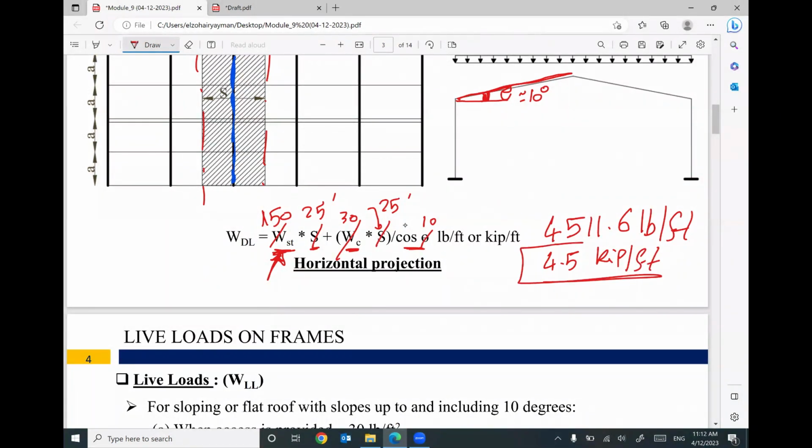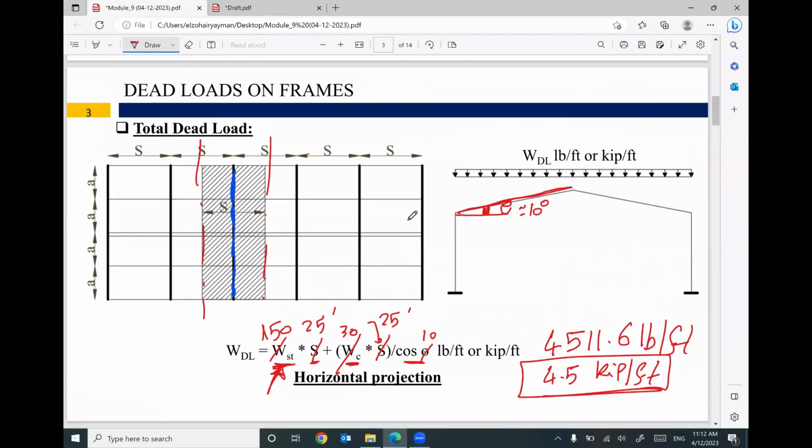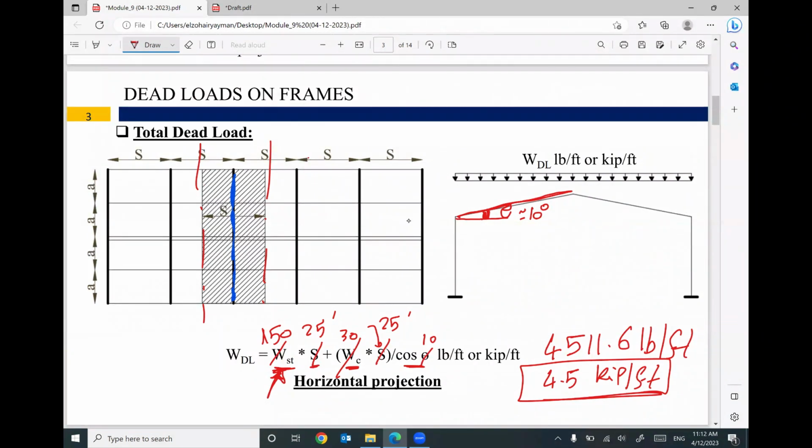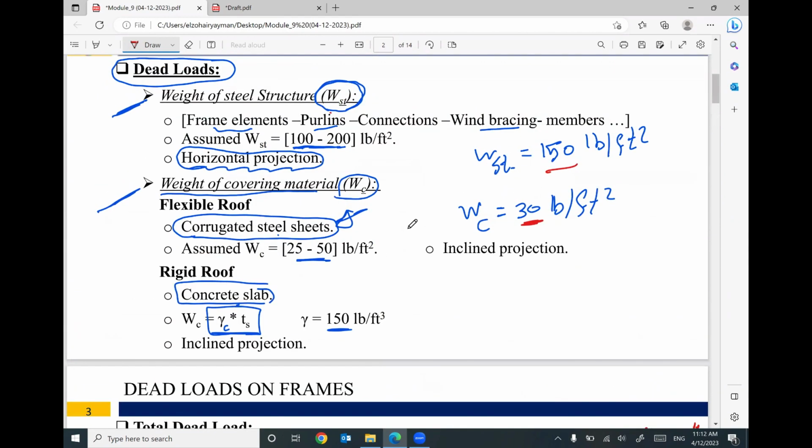This load is a uniformly distributed load, but on horizontal projection. I will show you on Monday how we can define horizontal projection in RISA. But right now, keep in mind that this assumed value is considered horizontal projection, and this assumed value is considered inclined projection.